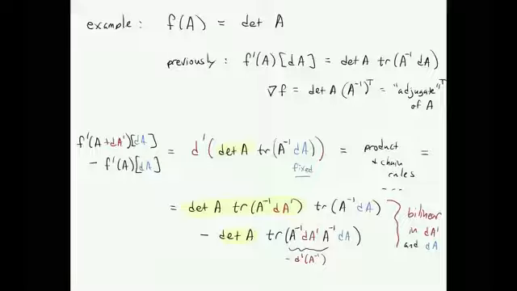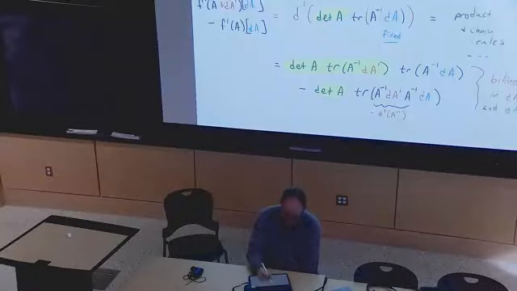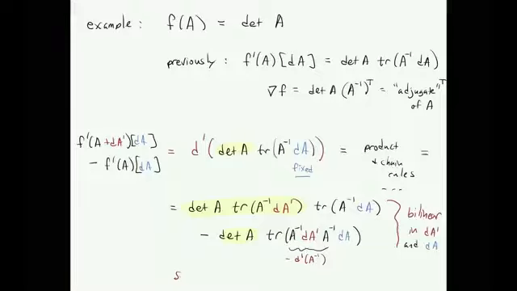I can move the A inverse dA over to the beginning, and then it looks like trace of A inverse dA, A inverse dA prime. So this is symmetric, using this cyclic property of the trace.